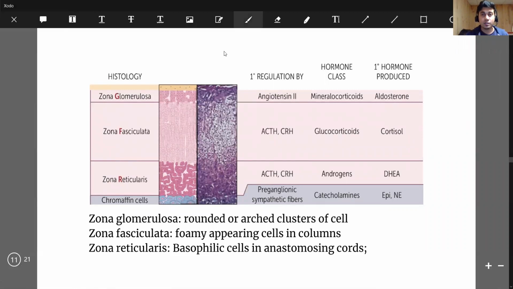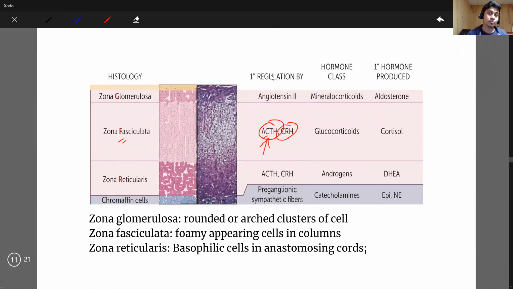Zona fasciculata is the middle layer of the adrenal cortex. It is regulated by ACTH and CRH. ACTH is the hormone that we get from the anterior pituitary, and CRH is a hormone that is generated from the hypothalamus. ACTH stands for adrenocorticotropic hormone, and CRH stands for corticotropin releasing hormone.